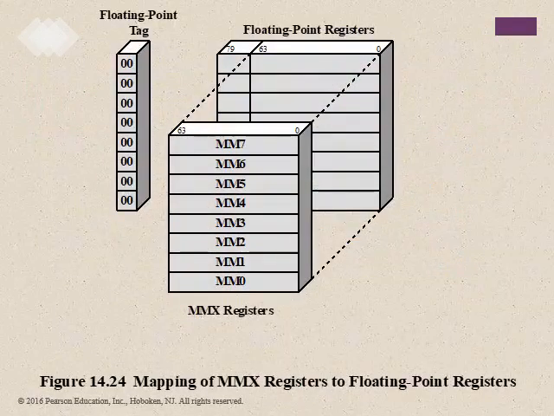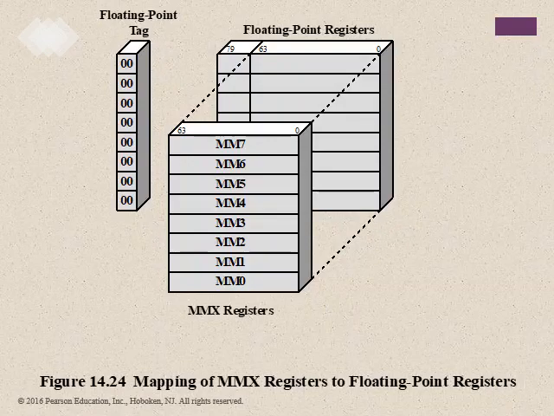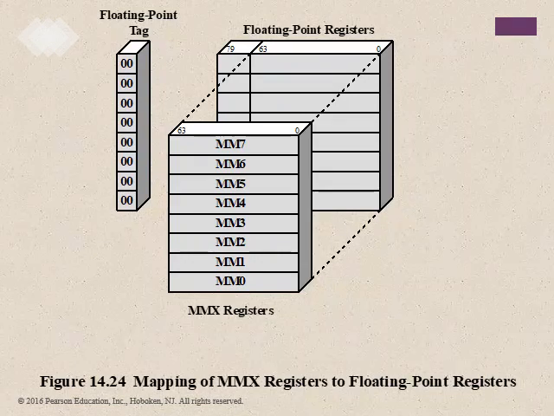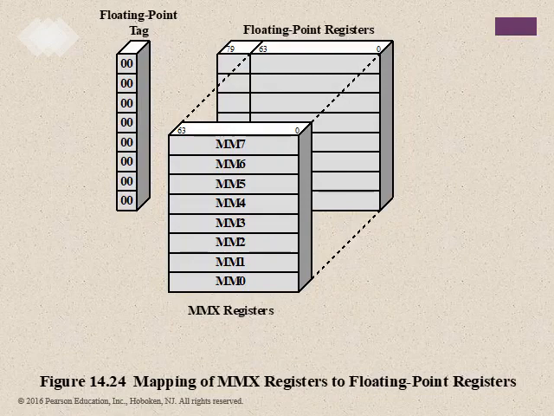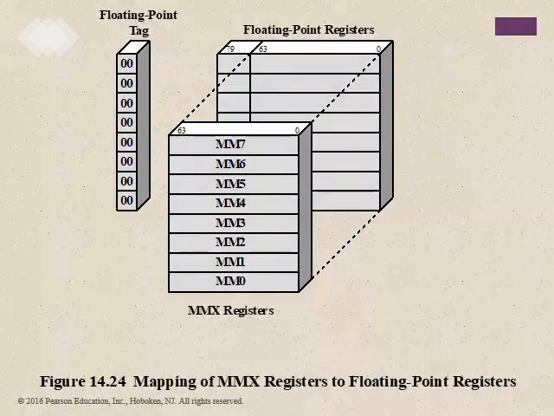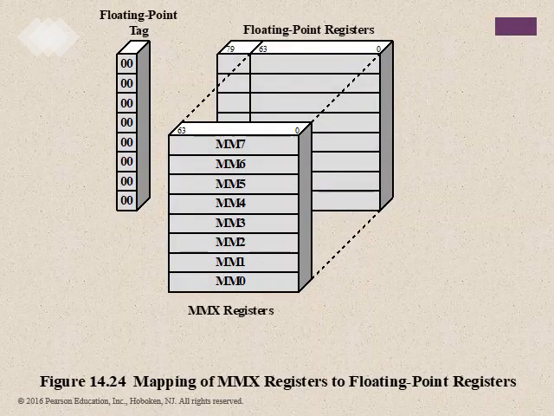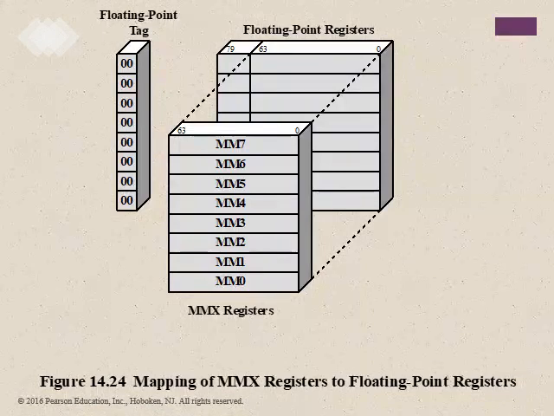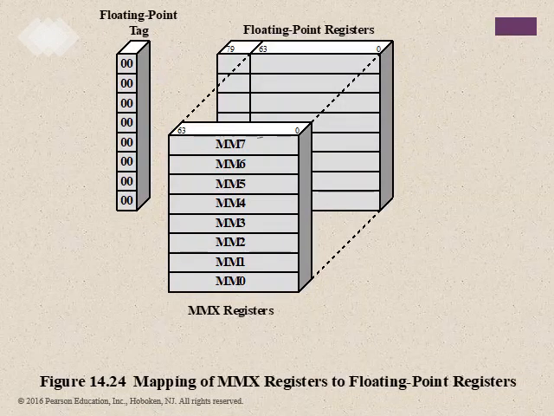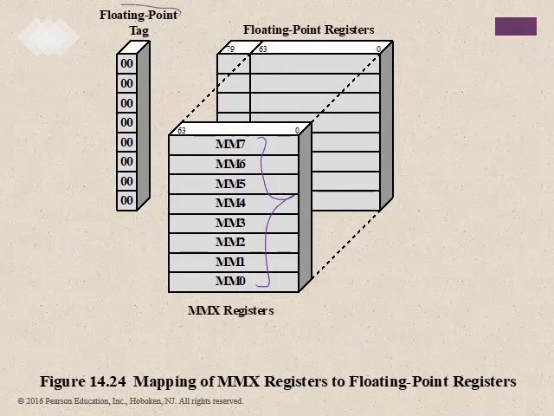It also has MMX registers. Do you remember from chapter 12? MMX is a single instruction, multiple data instruction set designed by Intel, used for multimedia extension. It has 8 MMX registers, and you can map them to floating point.